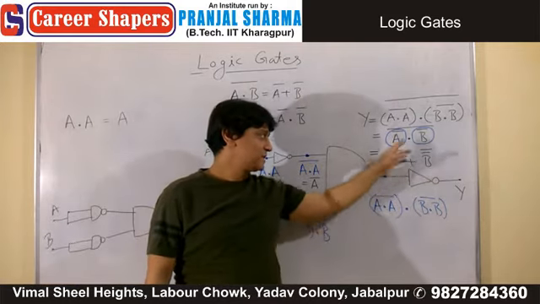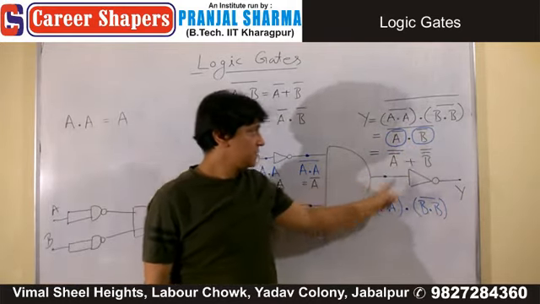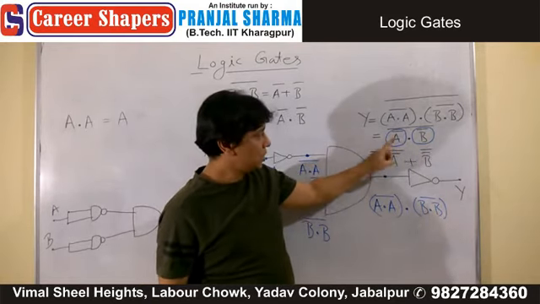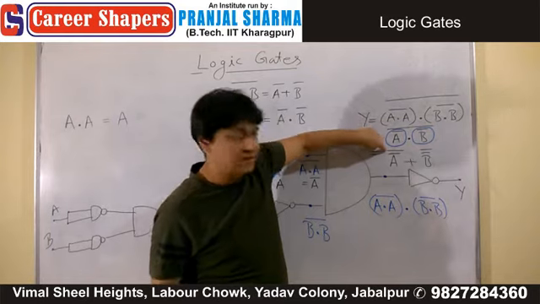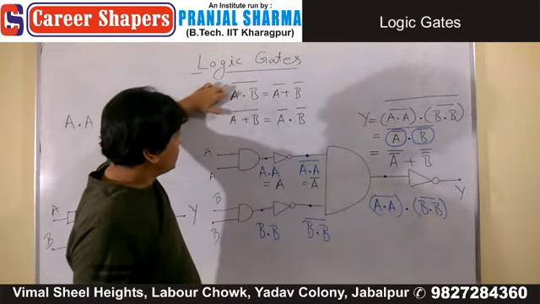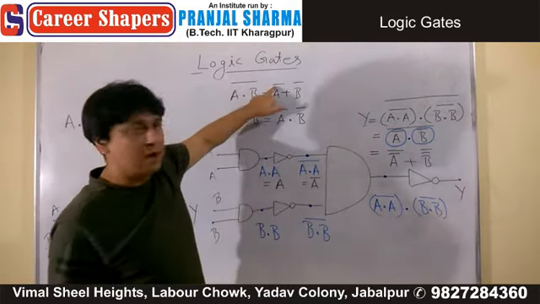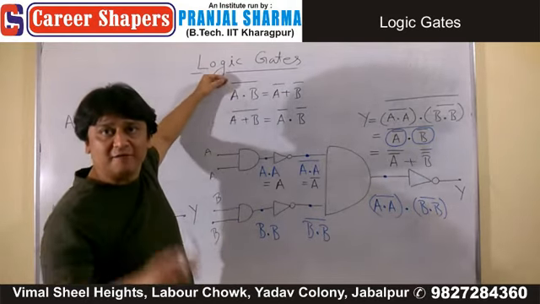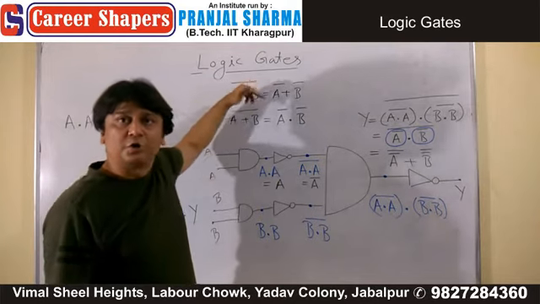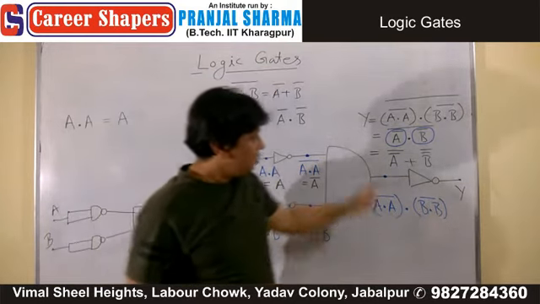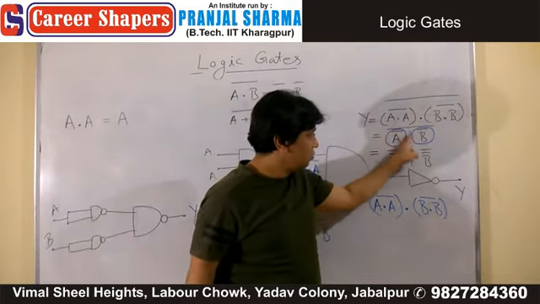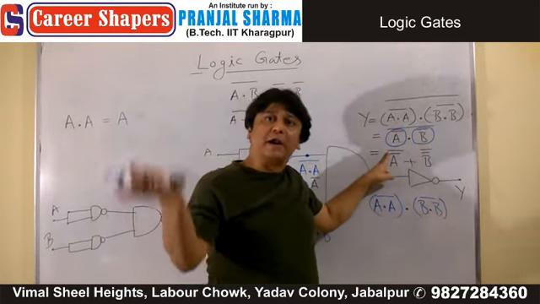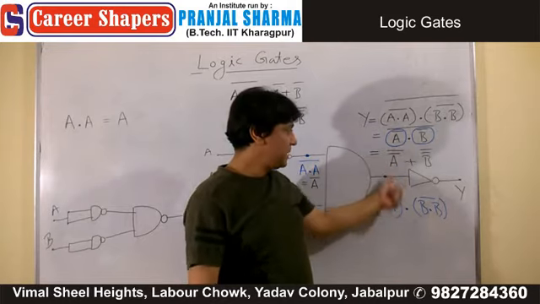I hope you understand what I have done over here. The blue part, whatever is in the blue, that should get another bar. This A should get the bar. Whatever is under the roof should get the roof. The thing already has a roof, makes it what?